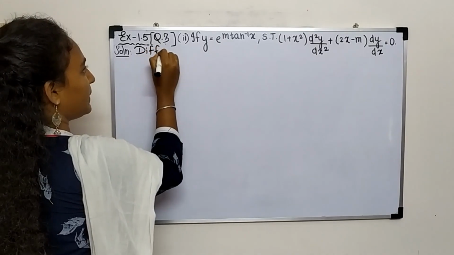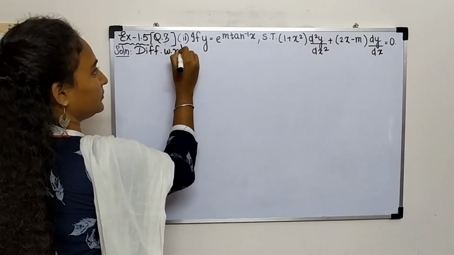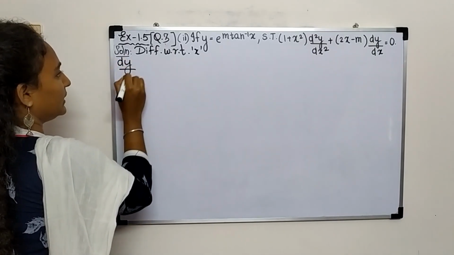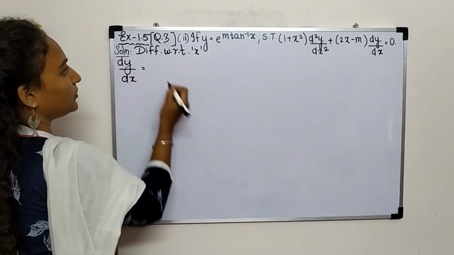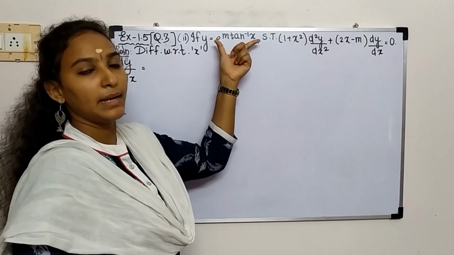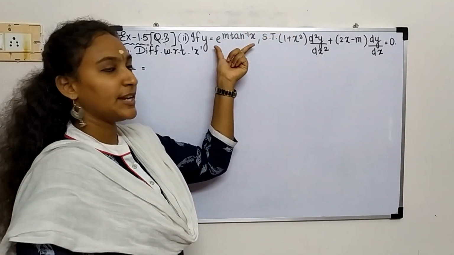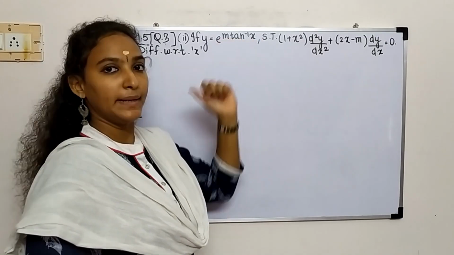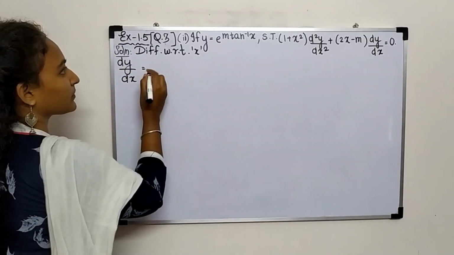Differentiate with respect to x. We get dy by dx is equal to, this is e power m tan inverse x. The derivative will be the same and multiplied with the derivative of m tan inverse x.